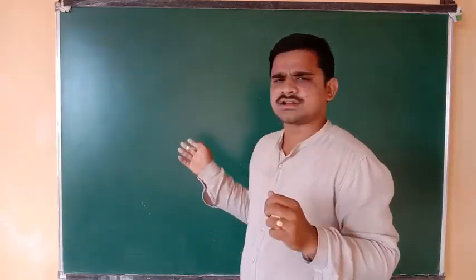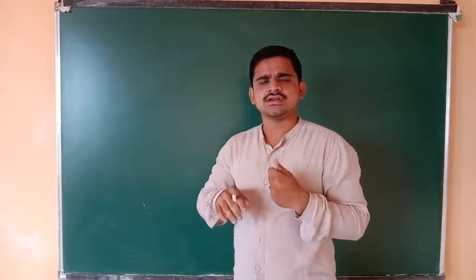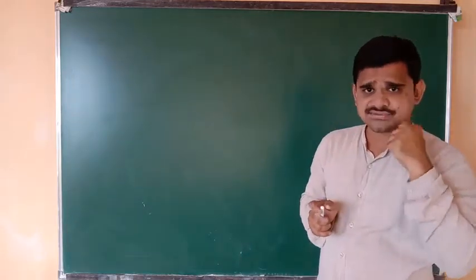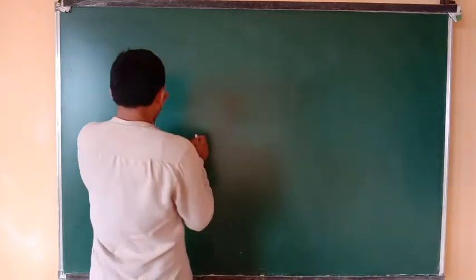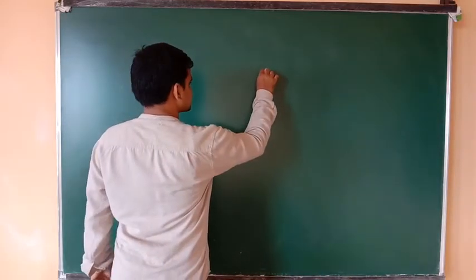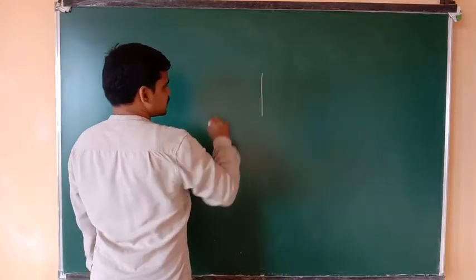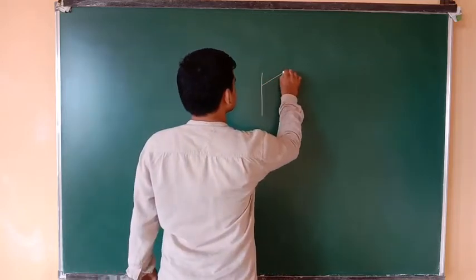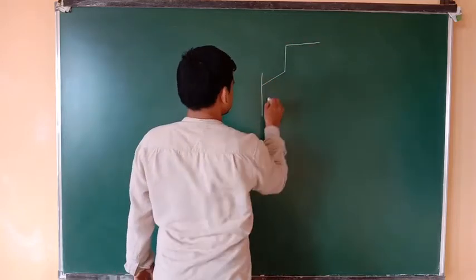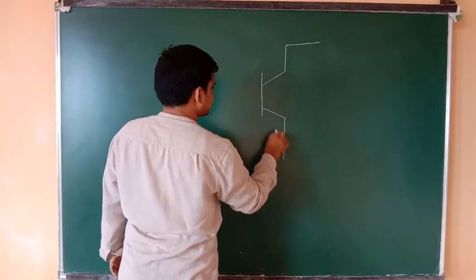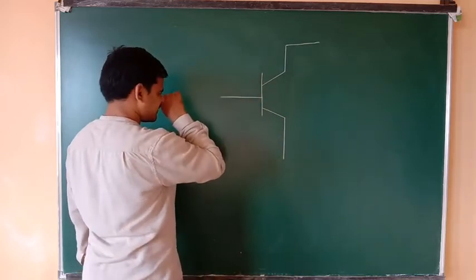Now, similarly, the same working we are going to have here. What is a transistor as a switch? Let us see now. Transistor as a switch. Now I am connecting this transistor. I am taking this NPN transistor.